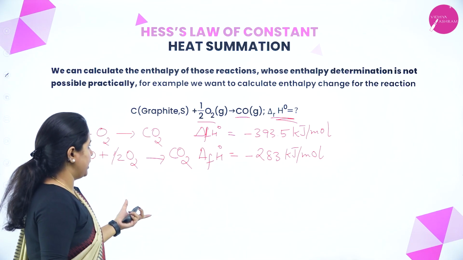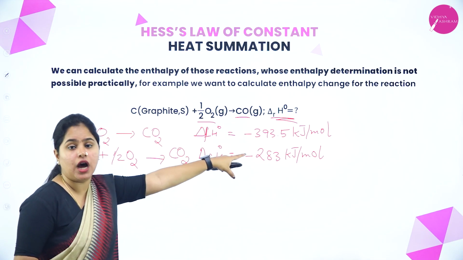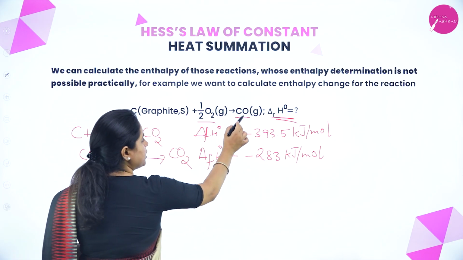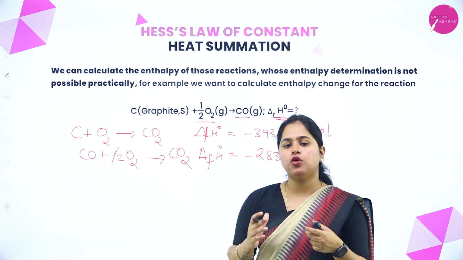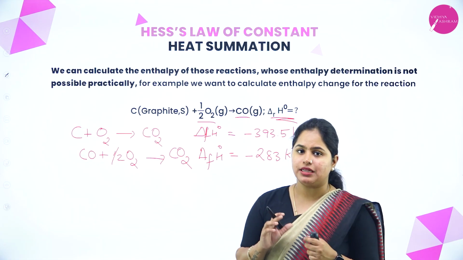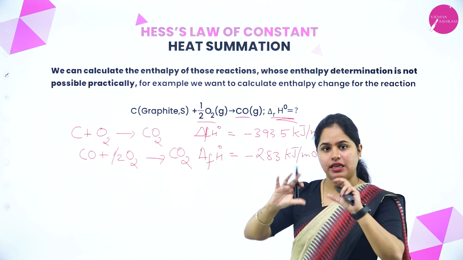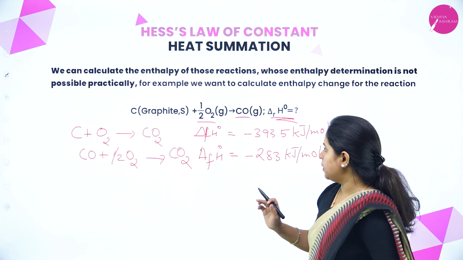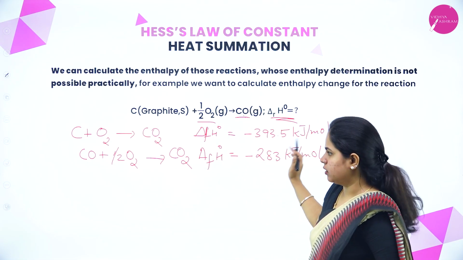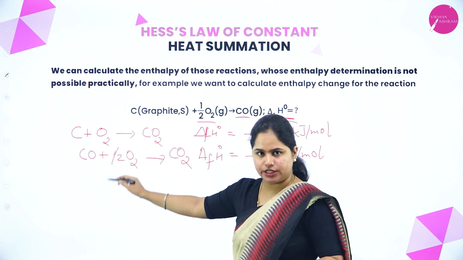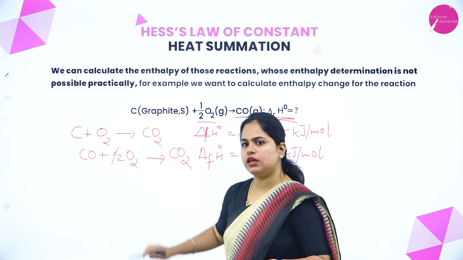In such a case, we have to calculate the enthalpy of reaction of formation of carbon monoxide. Here in the product it is carbon monoxide, but I have carbon dioxide here. So we have to rearrange the equation in such a way that we obtain the product and the reactants in the way we want. That means we have carbon monoxide in the product side here, and in the two reactions whose enthalpy we already know, the carbon monoxide is in the reactant side.